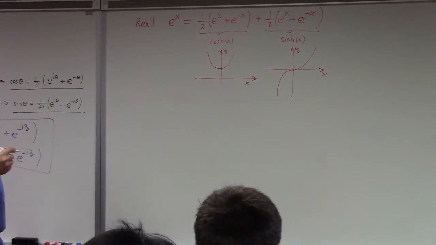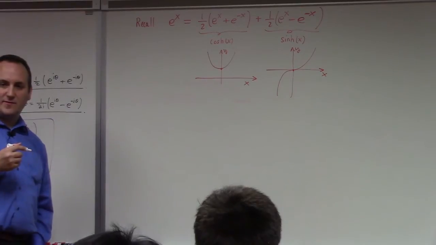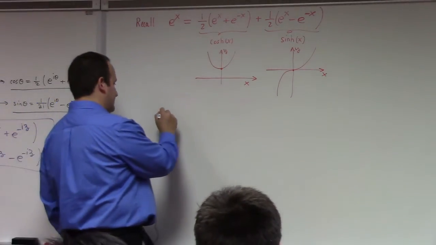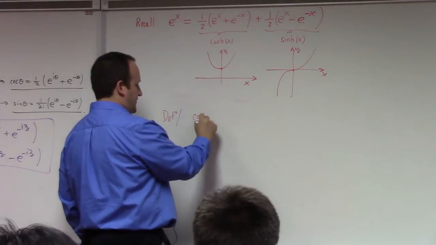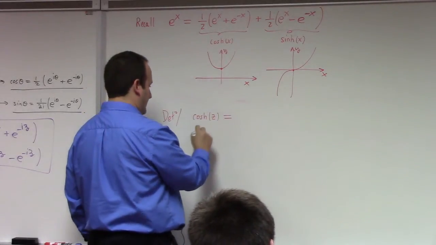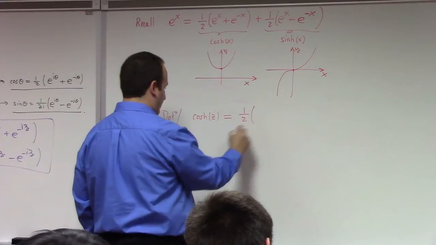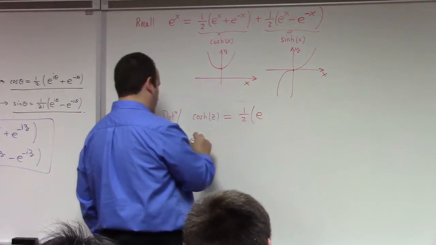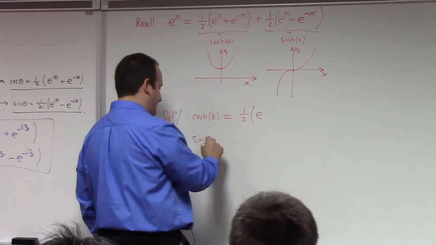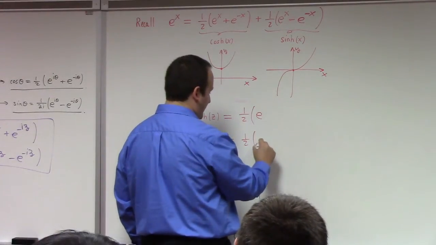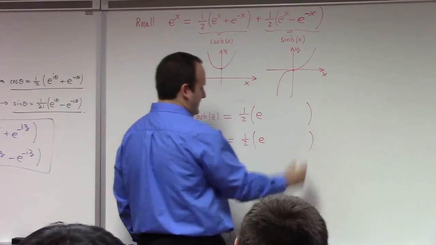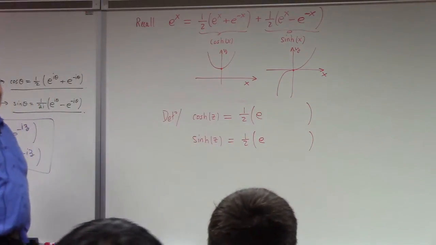So care to guess what the definition of complex hyperbolic sine and complex hyperbolic cosine are? Cosh of z is equal to what? 1/2, e to the i theta. Oh, no. You had me at 1/2. 1/2 was good. The e was good. I was going to say you got it. There's definitely a z involved.